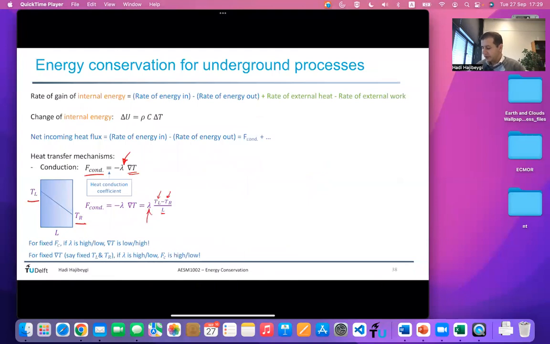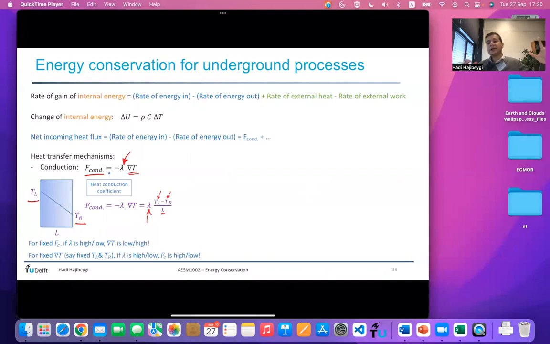And if lambda is high, with the same T left and T right, a lot of heat conduction flux will take place. If lambda is low, very little heat conduction flux will take place.